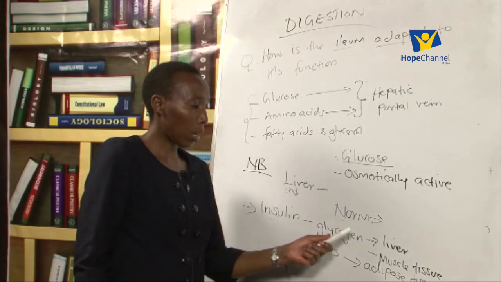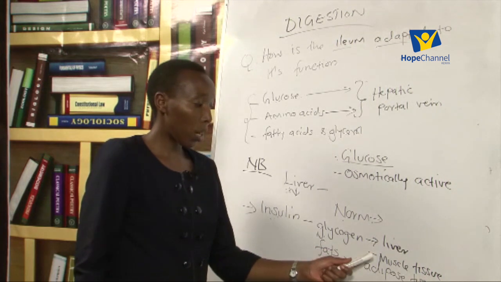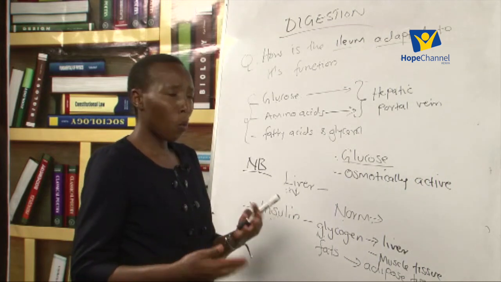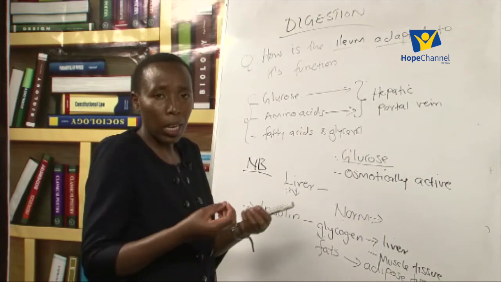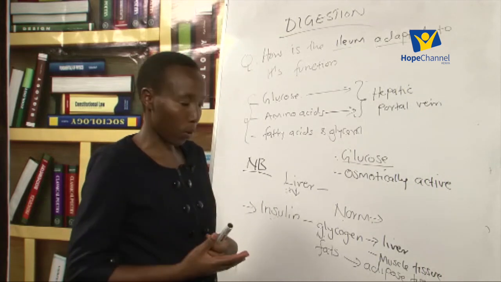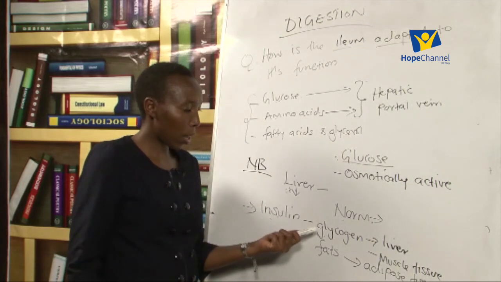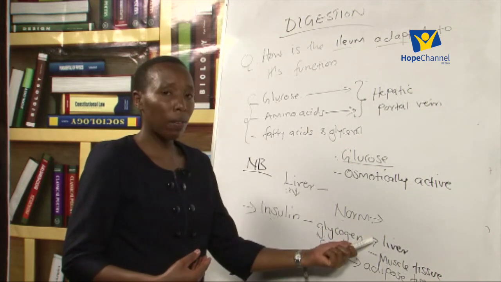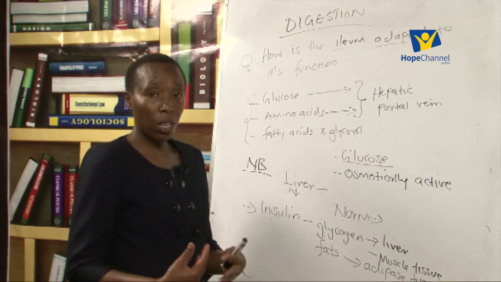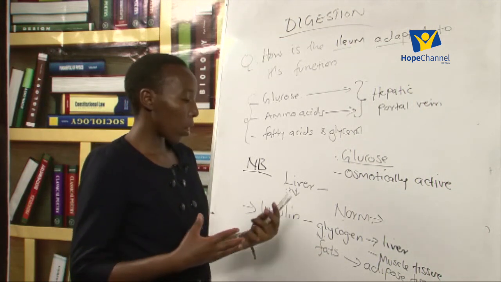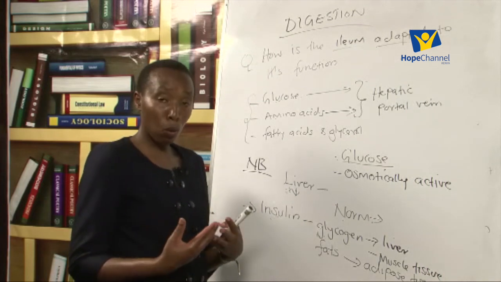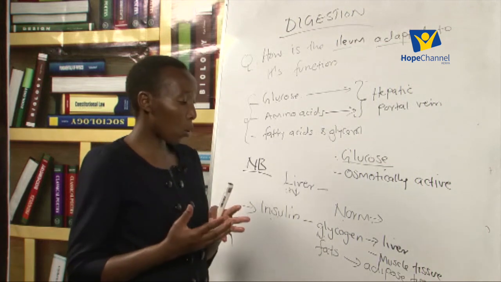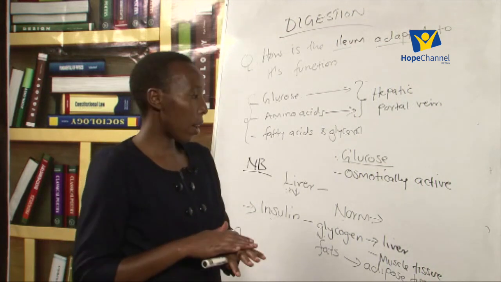That glycogen can be stored in the liver or in the muscle tissues. So remember, we are dealing with what will happen to the excess, because immediately after absorption, there is excess glucose. Some of it can be converted to glycogen, stored in the liver, and some of it can be stored in the muscle tissue. Then some of the excess glucose can be converted to fats, then stored in adipose tissue beneath the skin.